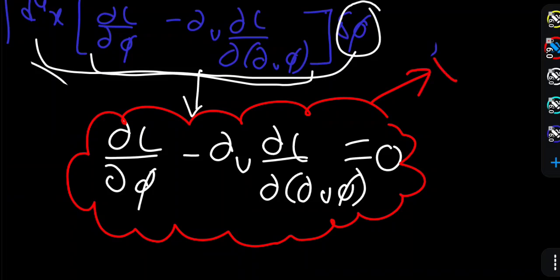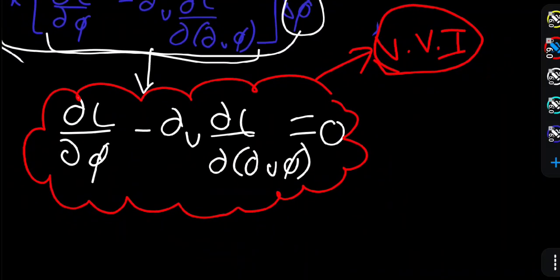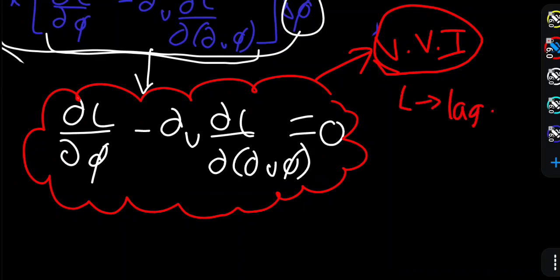This is very important. Now we are going to derive the Lagrangian for our Klein-Gordon equation. We have derived the Euler-Lagrange equation for any scalar field, and remember, I am telling you again, that this L is the Lagrangian density.